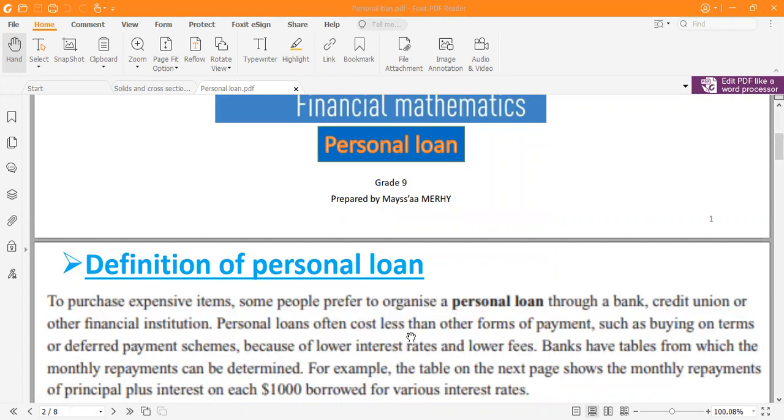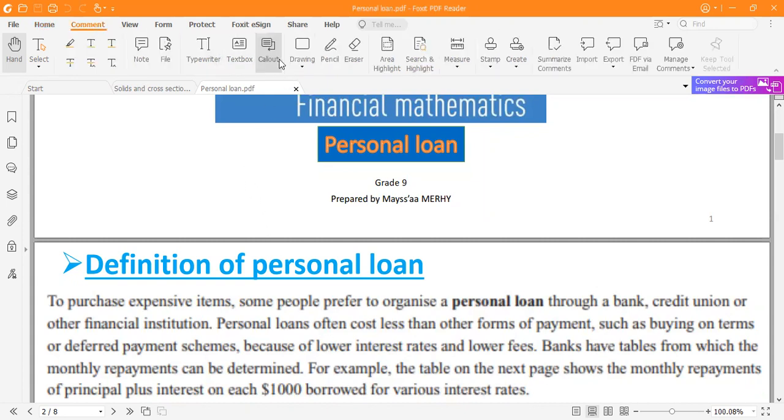Personal loans often cost less. Normally, we are talking here about the advantage of personal loans. Personal loans often cost less than other forms of payment. Why? Because of lower interest rates and lower fees.